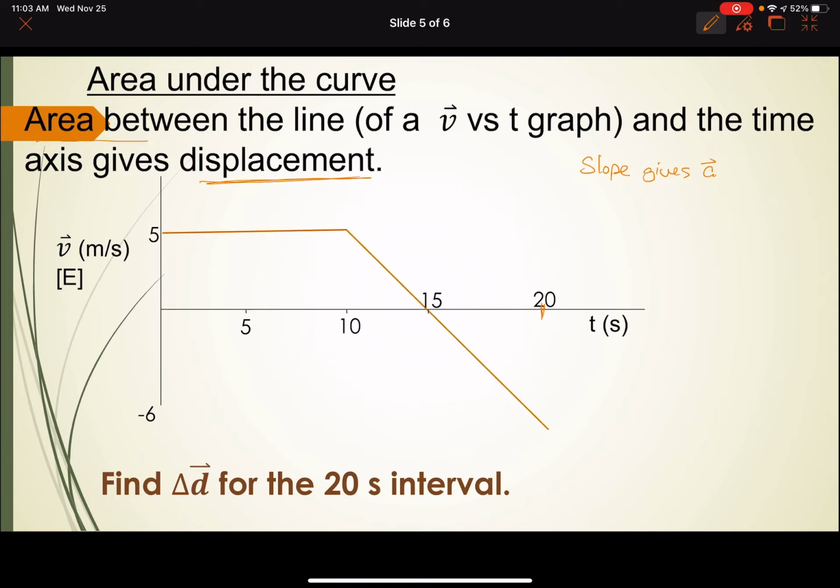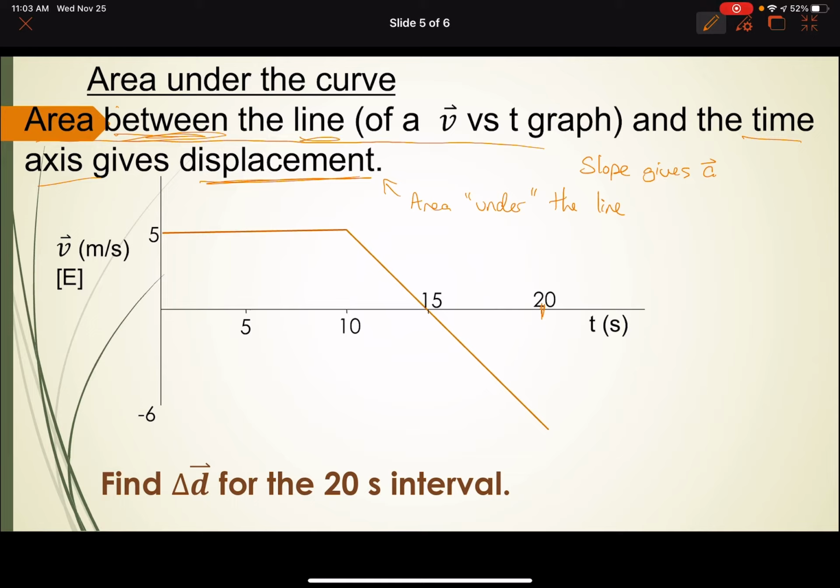The area between the line and the time axis, which sometimes people call the area under the line or under the curve. When they say under, what they really mean is what we've written up here, between the line and the time axis.